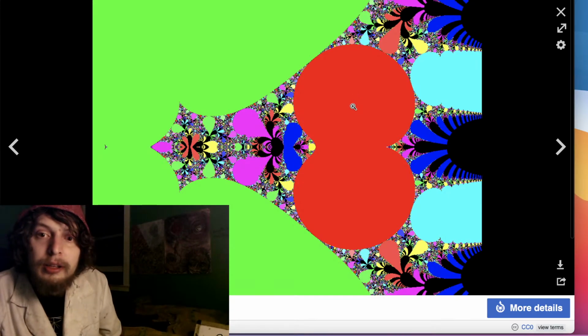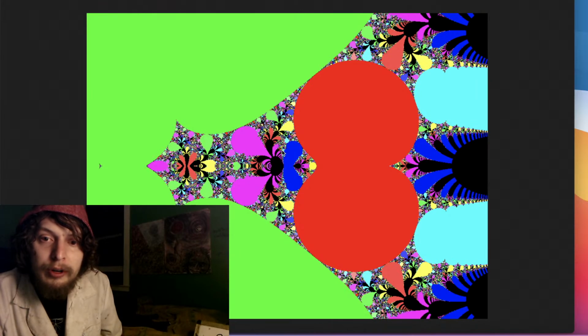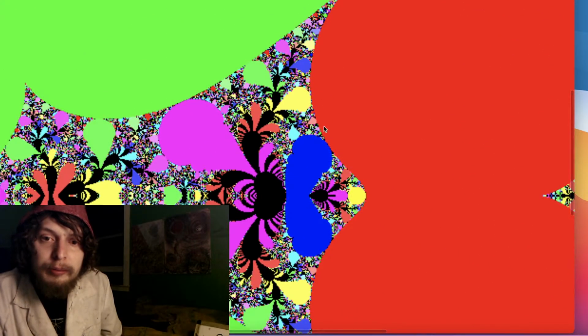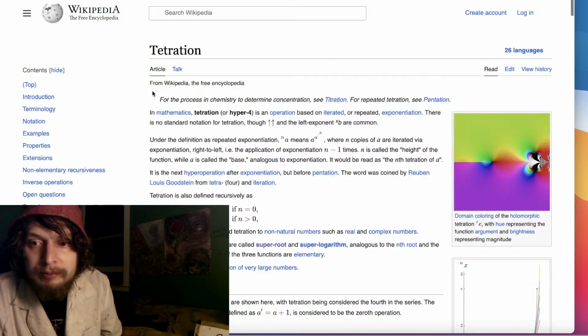They made a color coding system for the period of how long a point, when tetrated upward and upward, goes. This doesn't have full resolution, but you can see it would be super fractally and just keep going in and in and in.